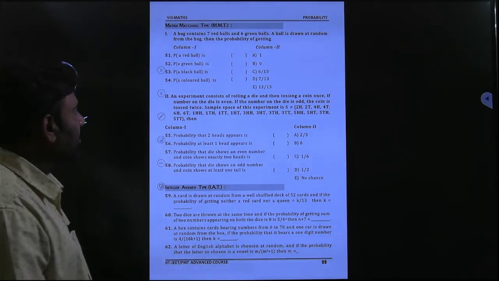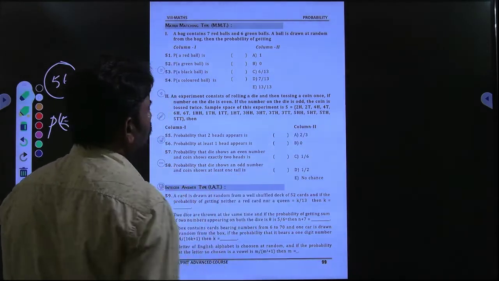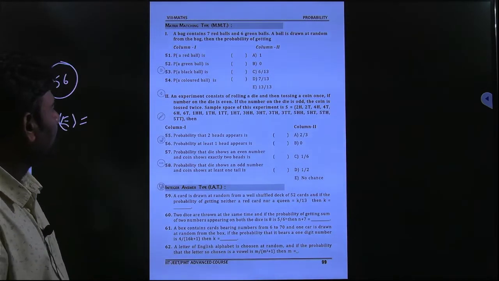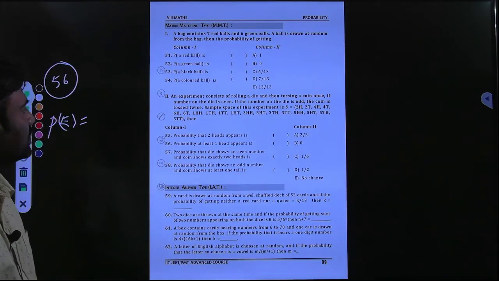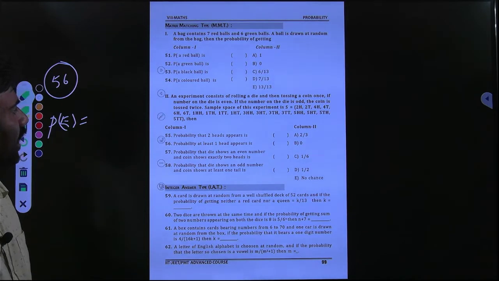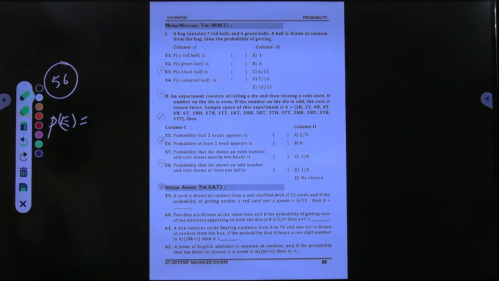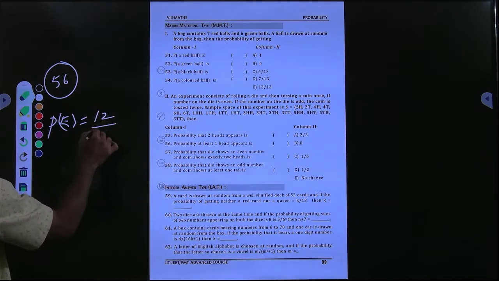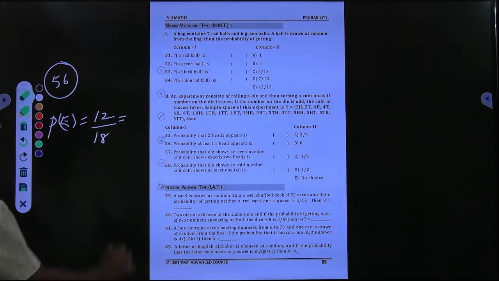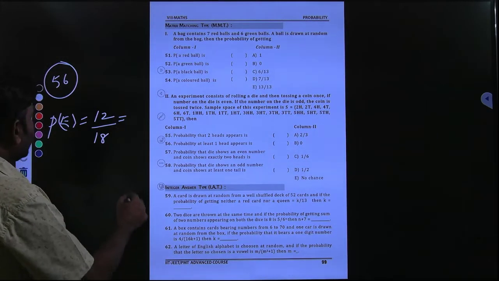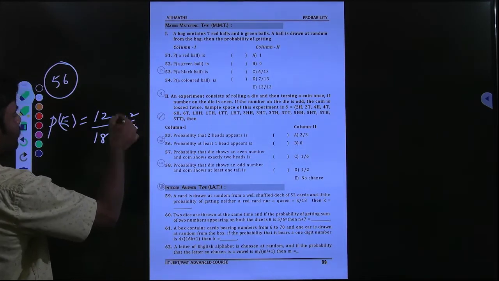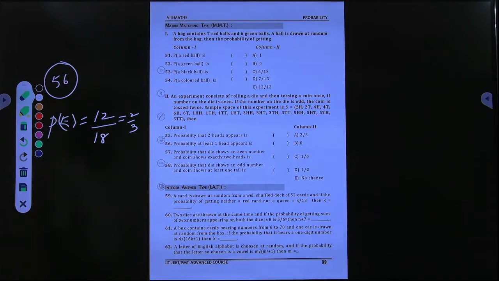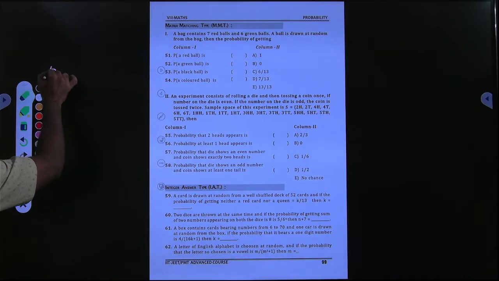Here at least one head means 1, 2, 3, 4, 5, 6, 7, 8, 9, 10, 11, 12. 12 are the possibilities, so the number of outcomes by the total number of outcomes is 12 by 18. 6 is the common factor for 12 and 18, so you can take it as 2 by 3. Option A is correct. Next, question 57.